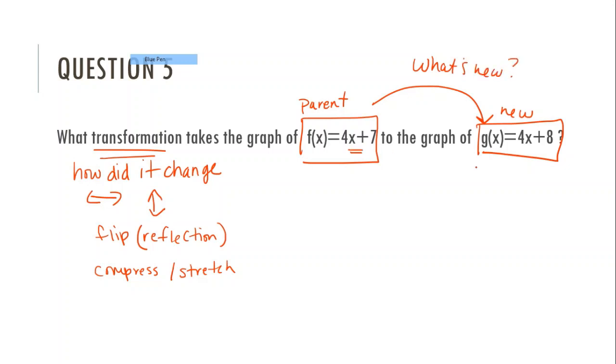Okay, so my 4x, that part with my slope and my variable, didn't change. The only thing that changed, I went from plus 7 to plus 8. So all I did to get from plus 7 to plus 8 was add 1.